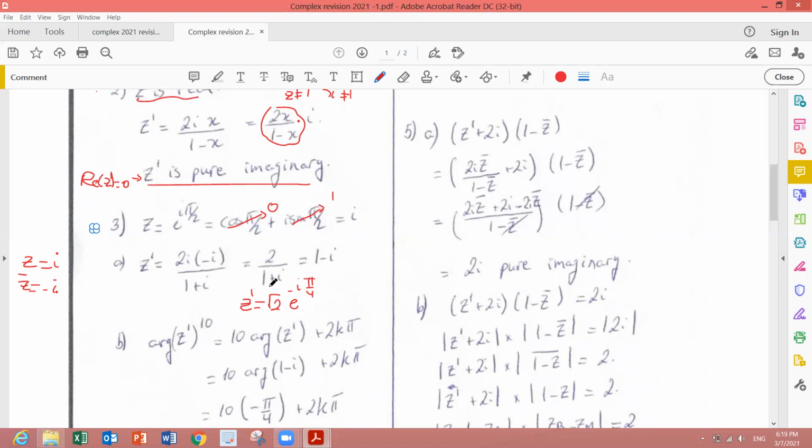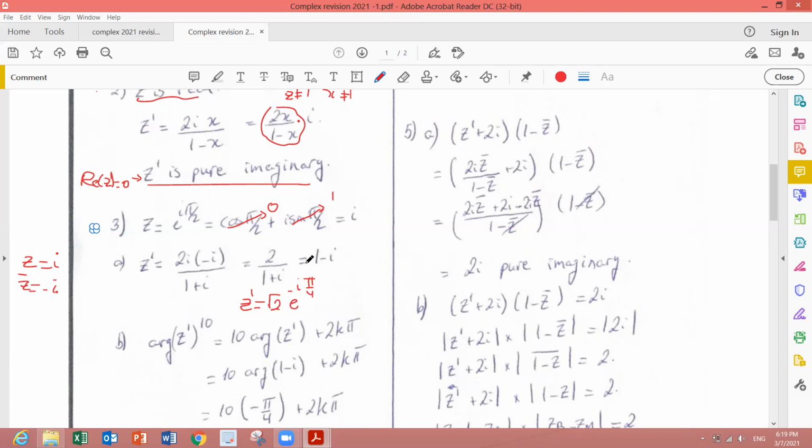If you forget how to use the calculator, you can ask me on Wednesday. So z prime equals radical 2 e to the minus i pi over 4. This is the exponential form. So I replace z bar by minus i, it becomes 2 over 1 plus i. By using the calculator, we get 1 minus i.